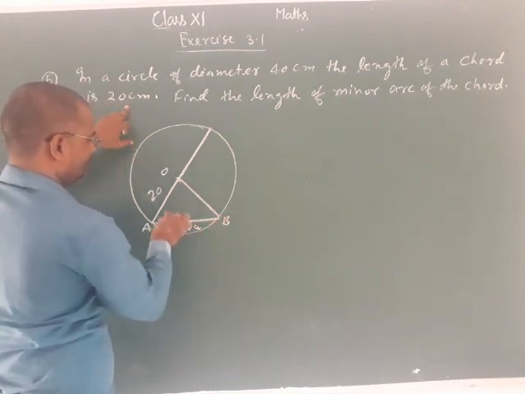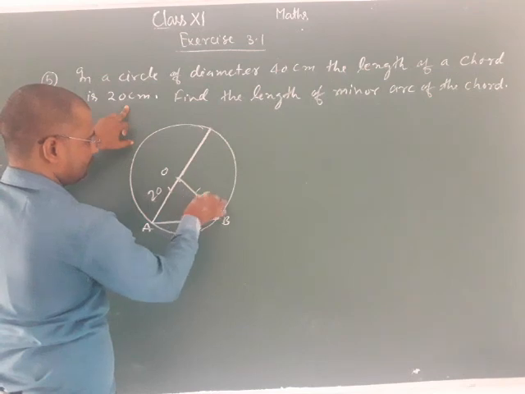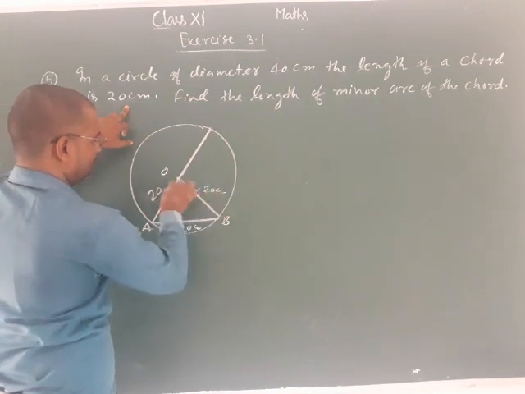So now the radius is 20 and the chord is also 20 centimeter.